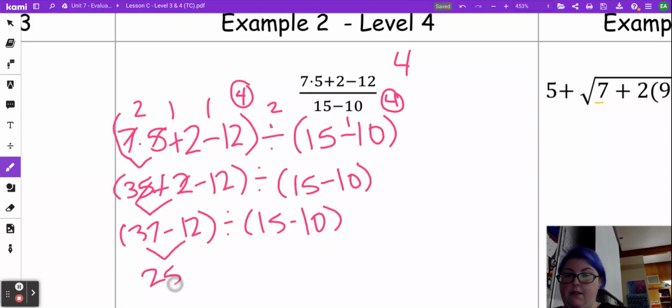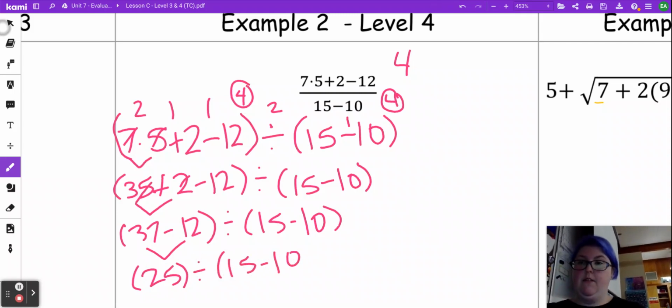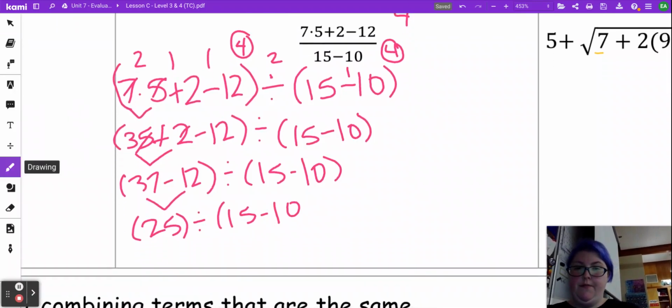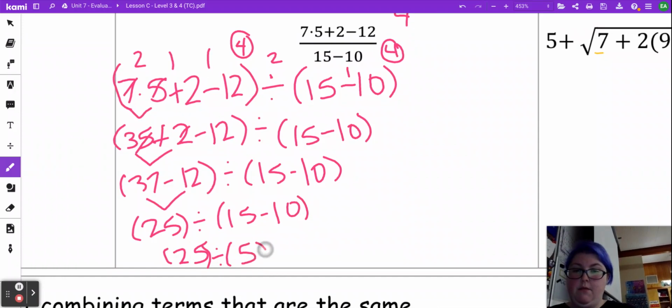I'm still going to keep those parentheses. 15 minus 10. And then 25 divided by, now we can do our 15 minus 10. So 25 divided by 5, our answer is 5.